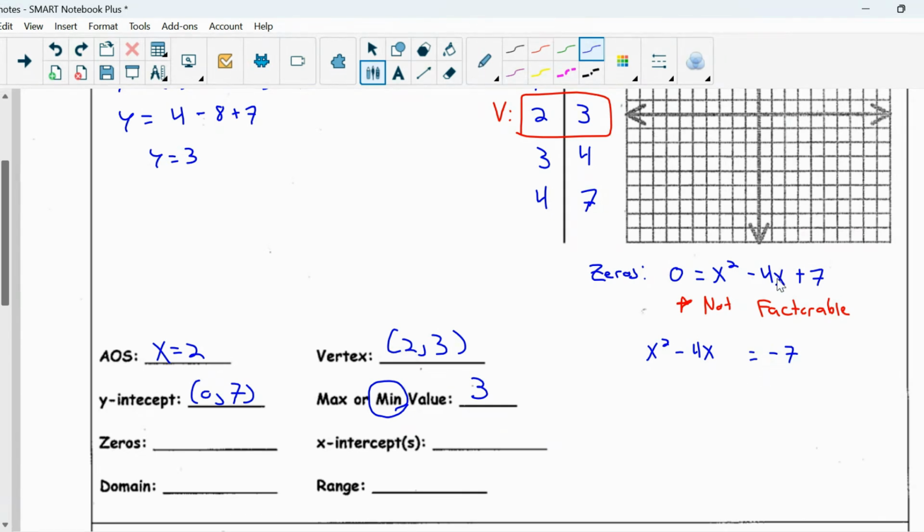In that blank, we are going to take our b value, divide it by 2, and then square it. So we would take negative 4 divided by 2 squared. That's going to go on both sides of your equation so that nothing changes. Negative 4 divided by 2 gives us 2. Squared gives us positive 4.